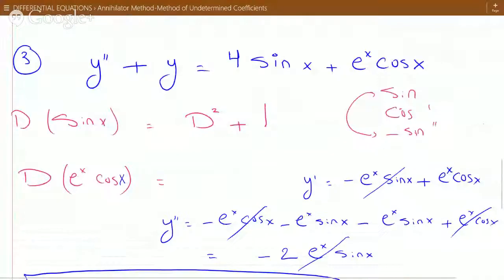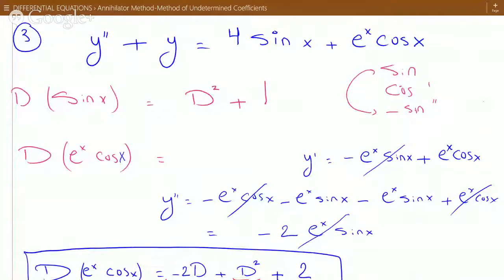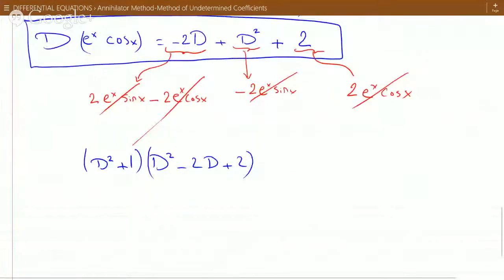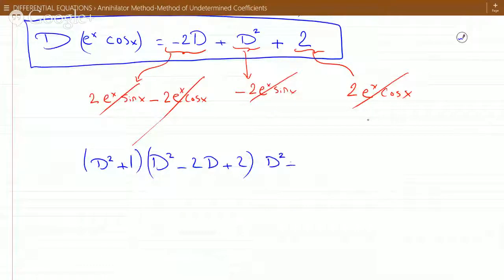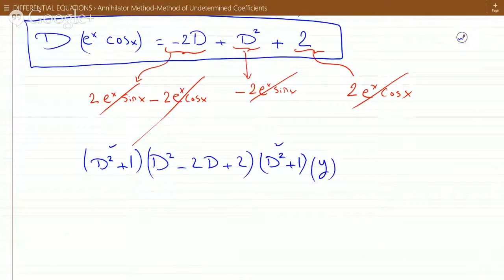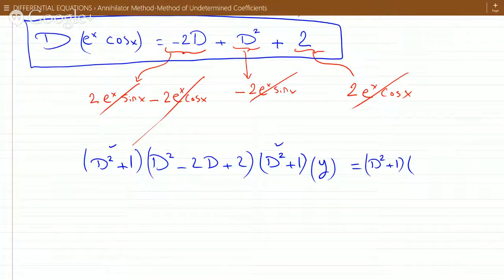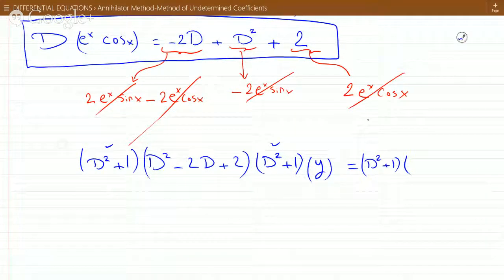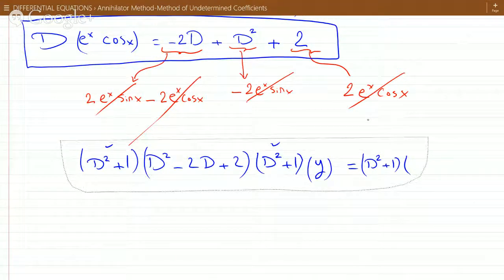The original differential equation has in it D squared plus 1, so we have another D squared plus 1, which is, notice, the same as this, okay? And if we apply this on the y, then on the right hand side, of course, we're going to apply the D squared plus 1 times, here, let's move this a little bit to the left.